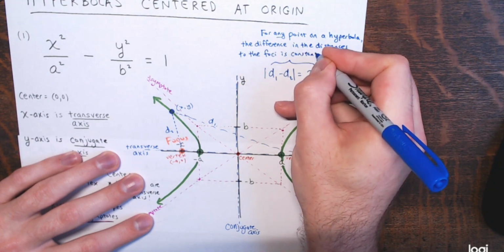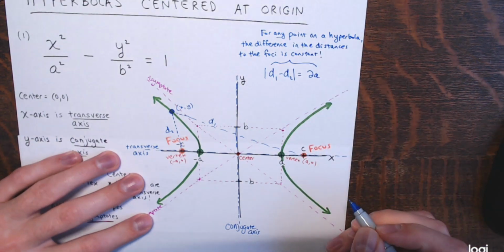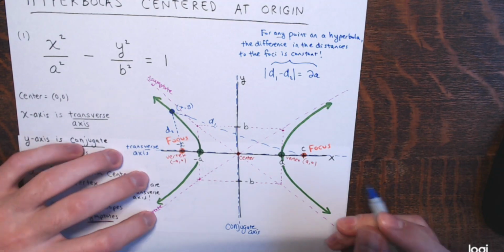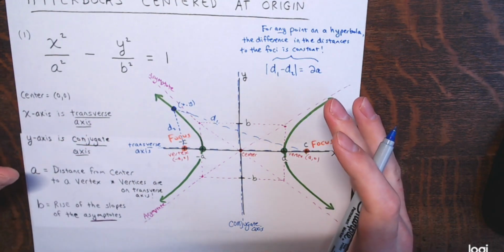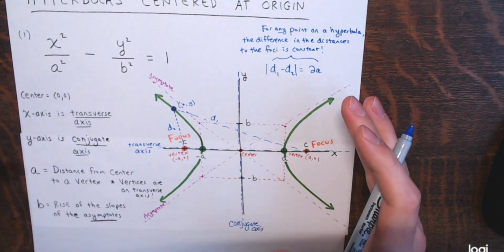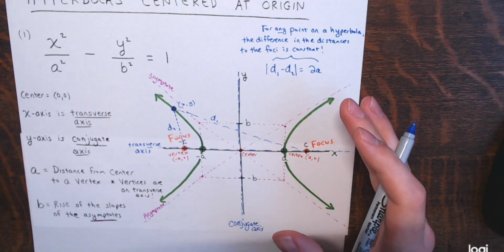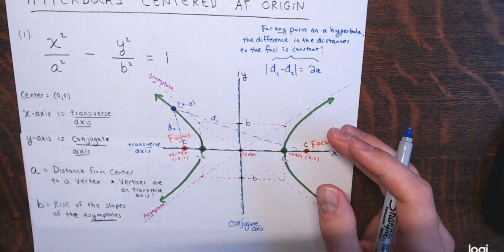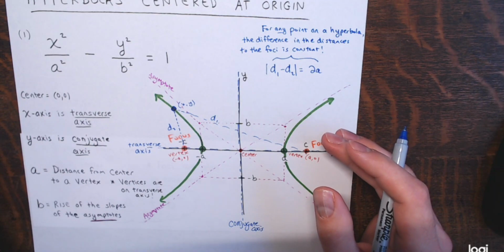It's always whatever 2 times a is. And yes, this is a lot. I understand. There's a lot of stuff to think about here, a lot of stuff to remember. But again, I'm hoping after several examples, we'll get the hang of it.